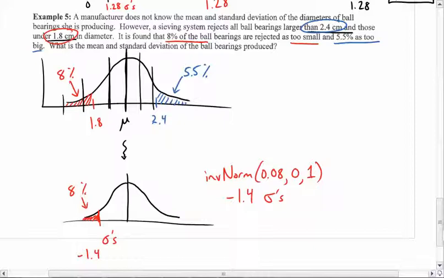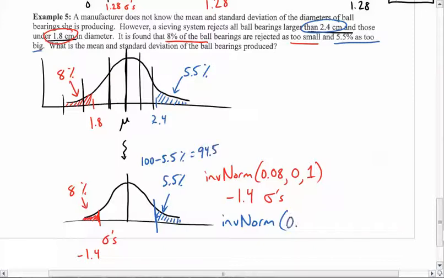Okay, now we can do the same for the 5.5%. The inverse normal function doesn't work for values that are bigger, so we need to figure out, if there's 5.5% bigger, how much is smaller than this point. So we can do 100 minus 5.5, which is 94.5%.